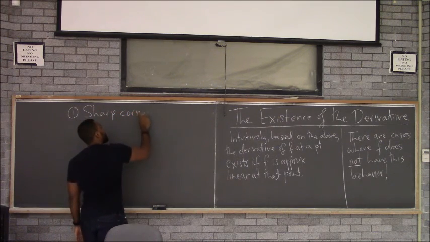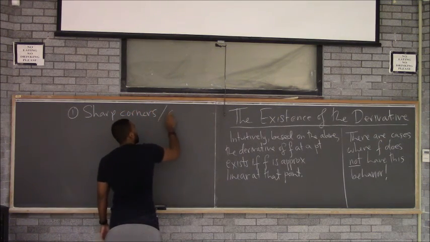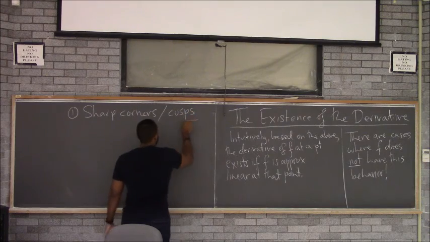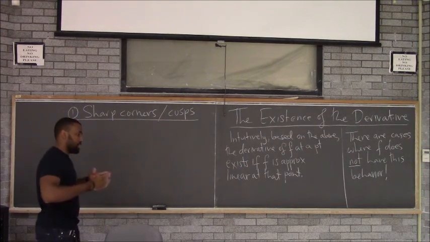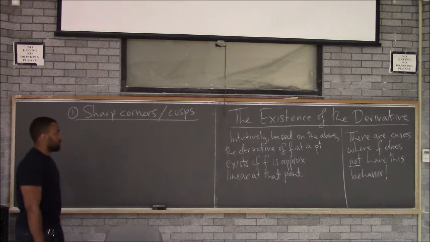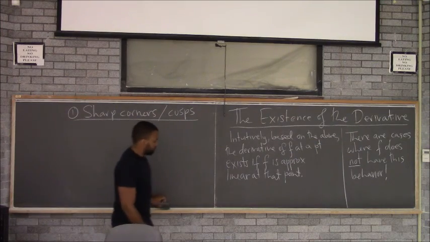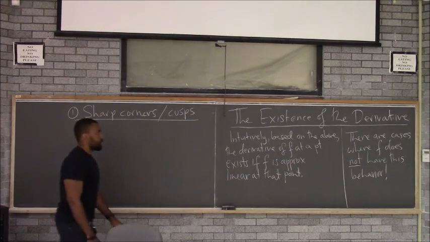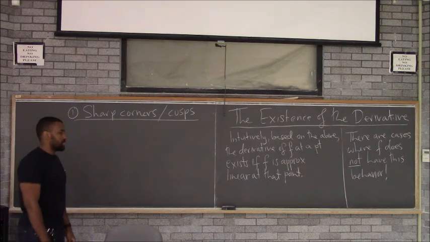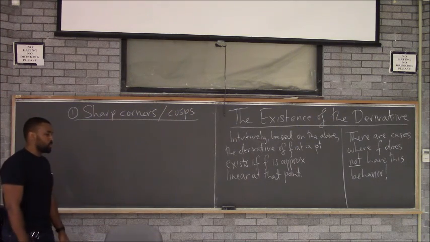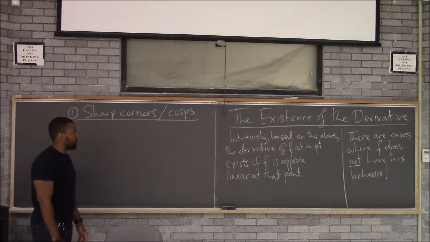Sharp corners and cusps. Cusp is another fancy name for a sharp corner. For us, just think of a cusp as a fancy word for sharp corner. I'll describe to you more what those mean.